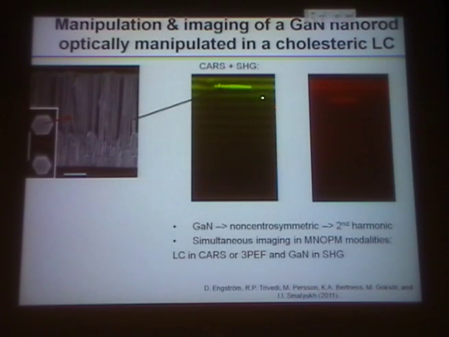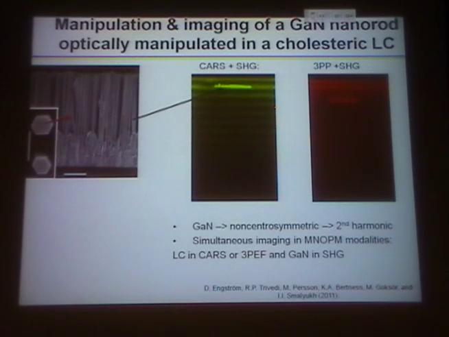For example, here you can see nanowires of gallium nitride that are being manipulated and imaged in three dimensions in a cholesteric liquid crystal sample. You can see as the particle moves across the sample thickness, we can visualize it using different approaches. In this case, the CARS signal comes from the liquid crystal sample.